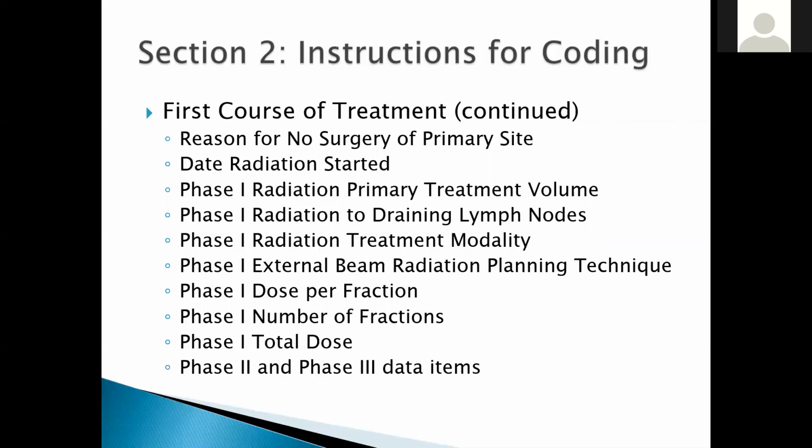Radiation therapy is also collected in phases, which you do not need to know right now. There are data fields to collect 3 phases of radiation therapy. Most patients only receive 1 or 2 phases of radiation, and you'll notice that the data fields for each phase are exactly the same.